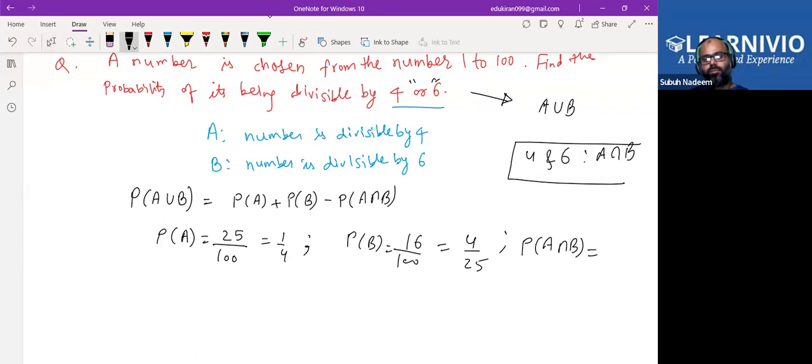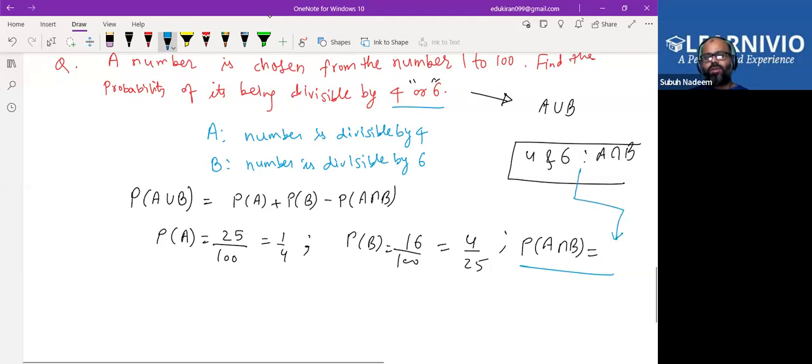Sir, first we have to add them. That is later on. First you have to find P of A intersection B. How many elements are there which are divisible by 4 and 6?